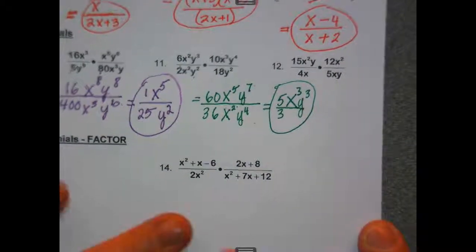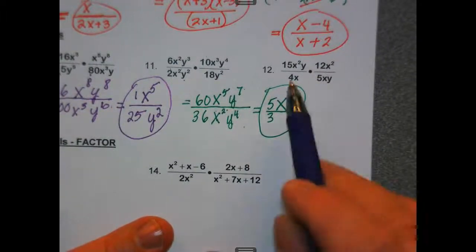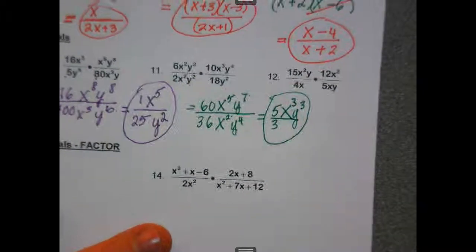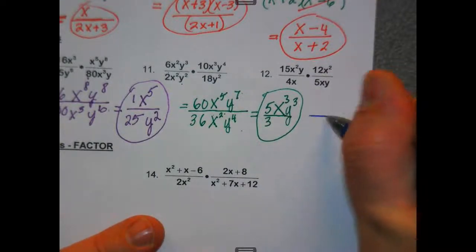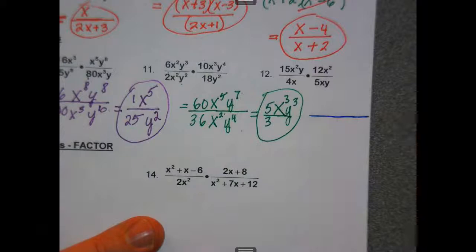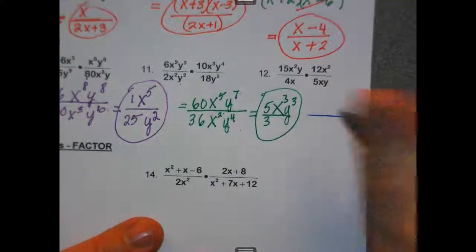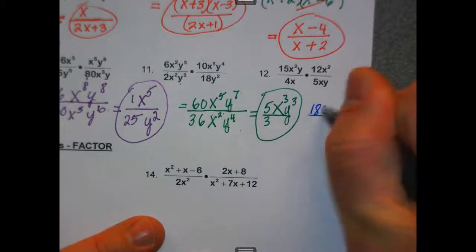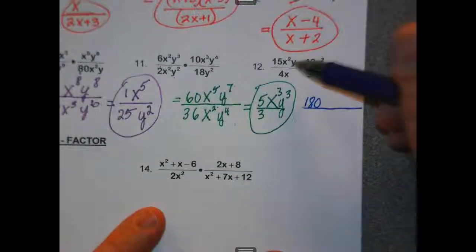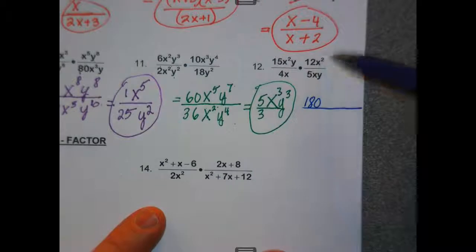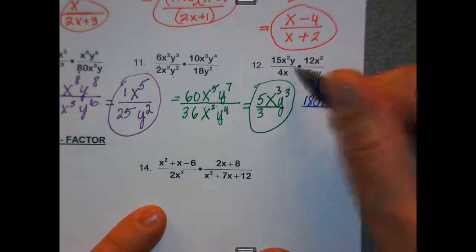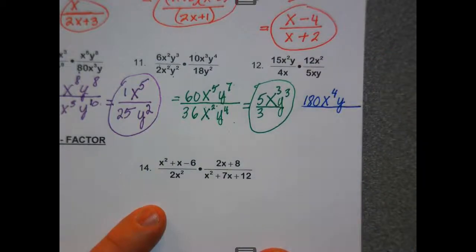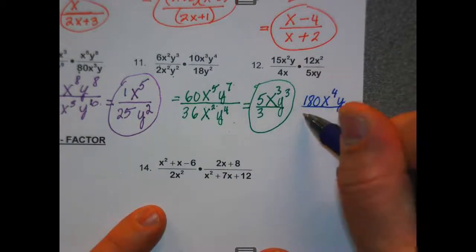Let's do number 12. 15 times 12 is a really big number. 15 times 12, 180. X squared times x squared. And I only have the one y. 4 times 5.